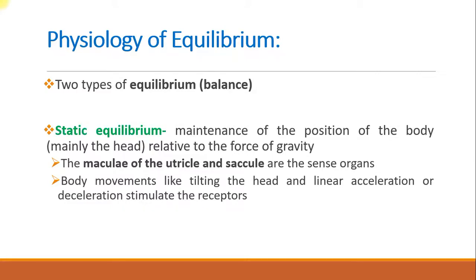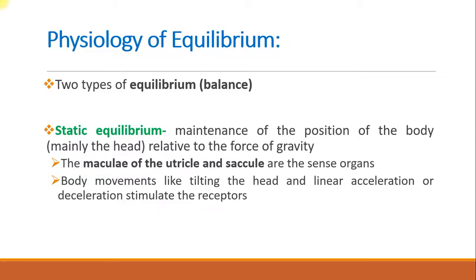It is the maintenance of the position of the body, mainly the head, relative to the force of gravity. The maculae of the utricle and saccule are the sense organs responsible for the maintenance of static equilibrium. We have already seen what the utricle and saccule are.